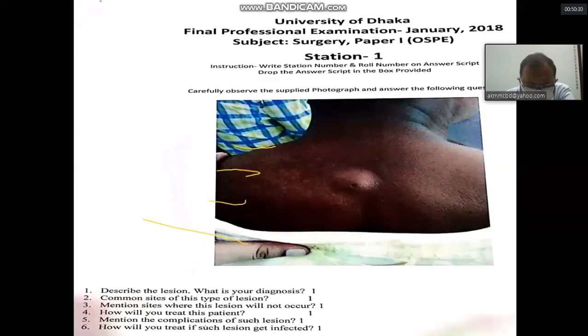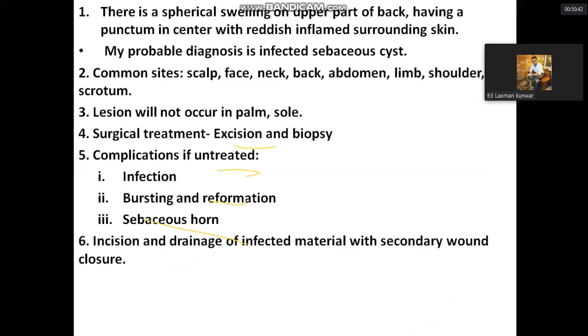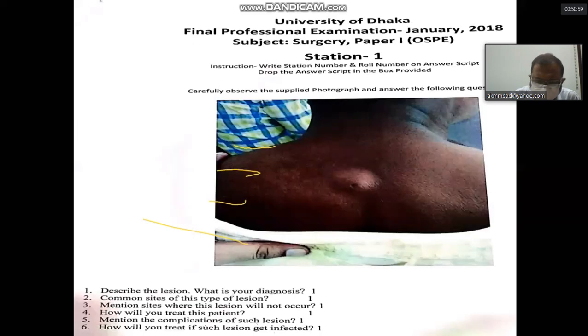And how will you treat if such lesion gets infected? Incision and drainage of infected sebaceous cyst. You have to write the whole answer: incision and drainage of infected material with secondary wound closure. Okay.